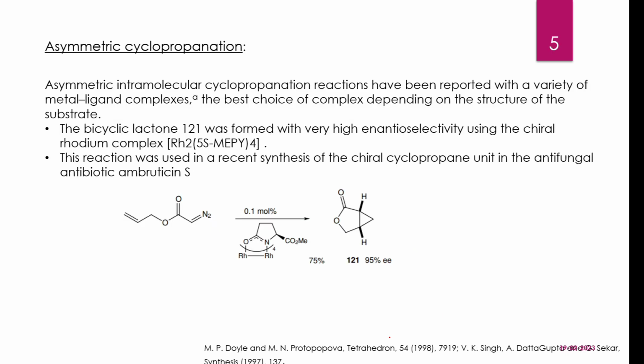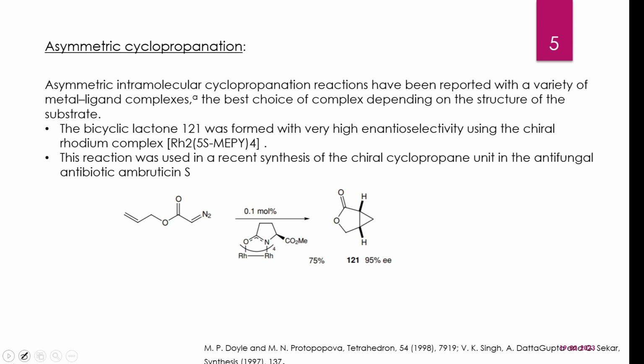So let's come to the asymmetric cyclopropanation reaction. Here you can see by using a chiral ligand we can get an asymmetric cyclopropanation. What they are saying? Asymmetric intermolecular cyclopropanation reactions have been reported with a variety of metal ligand complexes. The best choice of complex depends on the structure of the substrate. Here the bicyclic lactone was formed with high enantioselectivity using the chiral rhodium complex.